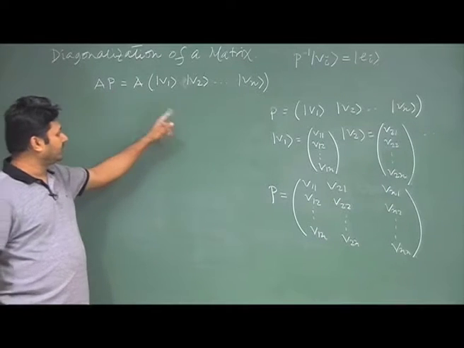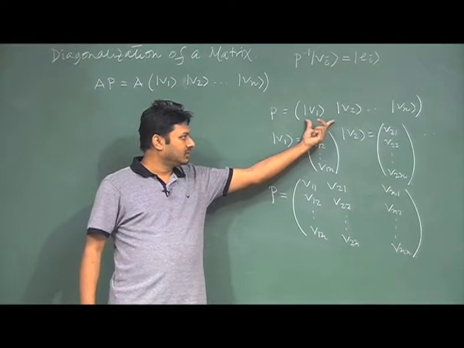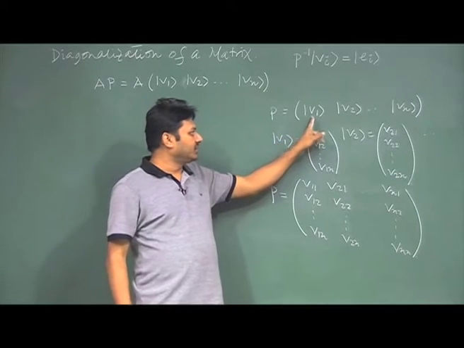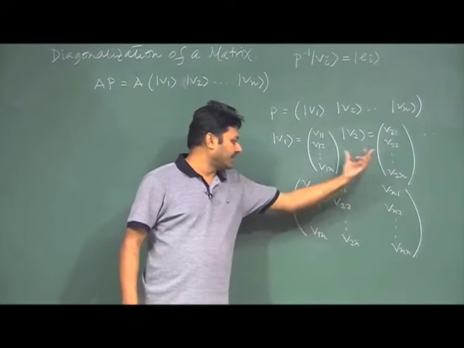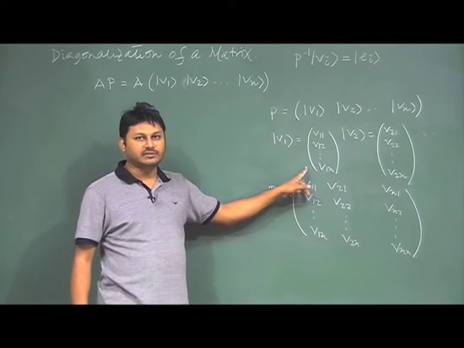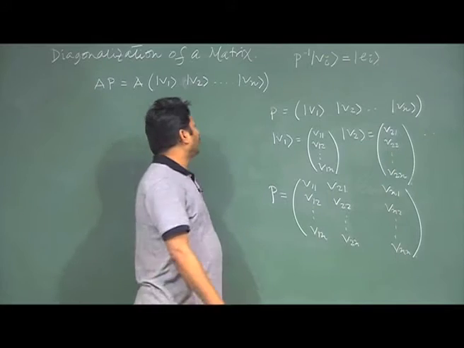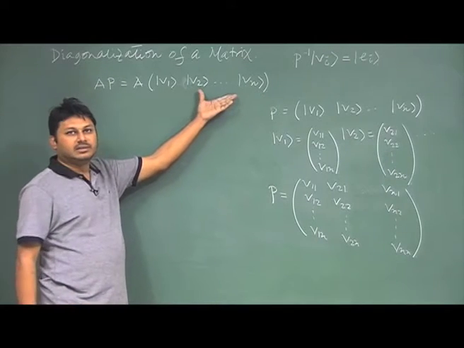P is defined like this, a combination of all the column vectors, which are the corresponding eigenvectors of A. So, I have this matrix in my hand.